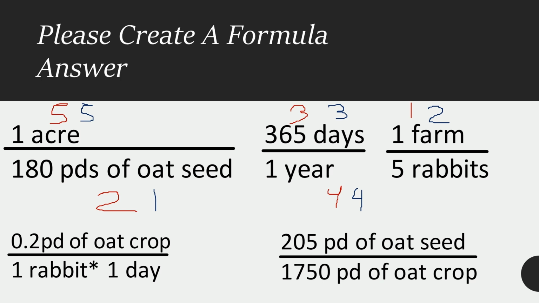I could do it another way right here. I could say, you know what? I need to know how much food one rabbit's going to eat over the course of a year. And then I'm going to figure out how many pounds of seed I'm going to produce, how much seed I need to use to produce that kind of food, how much space it would take up for one rabbit.